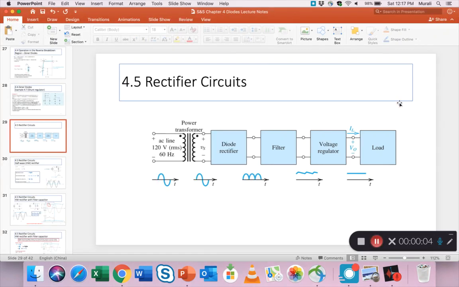Hello class, welcome back. We are still on chapter 4, diodes, and this recording is the remainder of chapter 4, and that includes the sections on rectifier circuits, 4.5 in the chapter, and there are two more sections after 4.5.